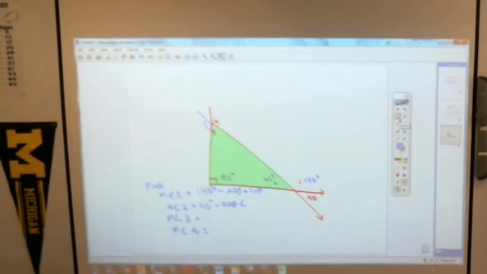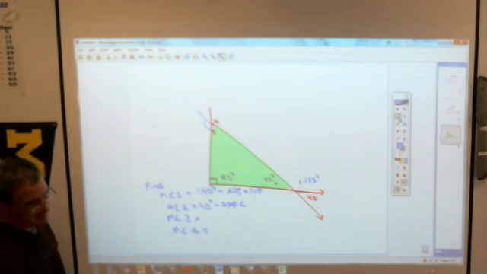Connor Morgan? Angle 3 is 140. Why? Because if we flip it around, it's kind of like the same thing as that. Unfortunately, in math, we can't just flip things around.